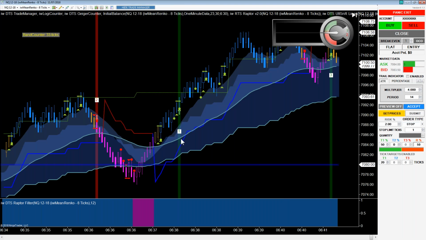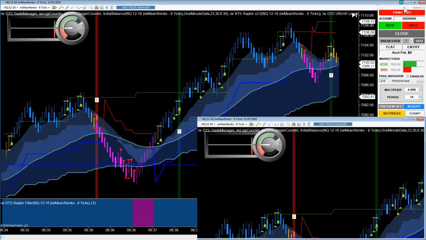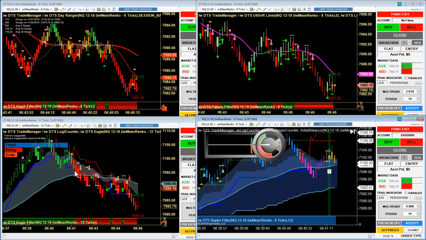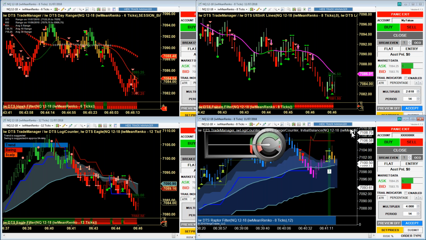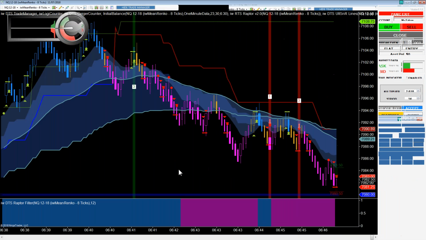And there you go. So now you have your ATR line on there, just as we do on the Eagle. And you can use that as a bit of a secondary filter. Now you could do this on any of the tools, really. But I just thought I would throw that out there.